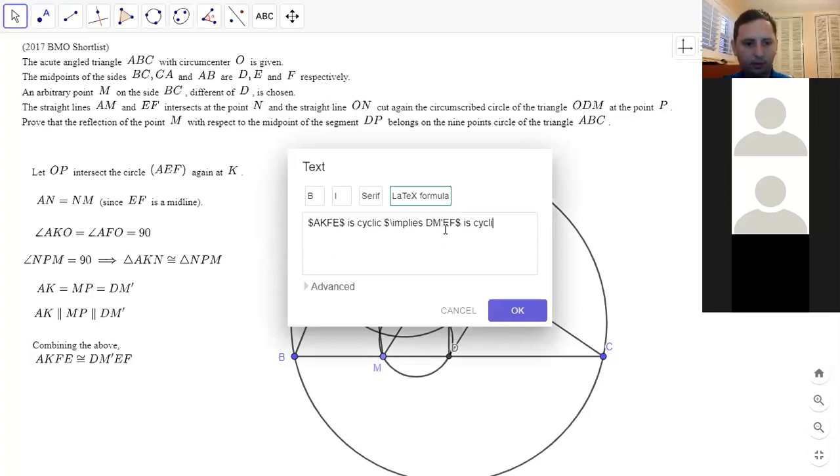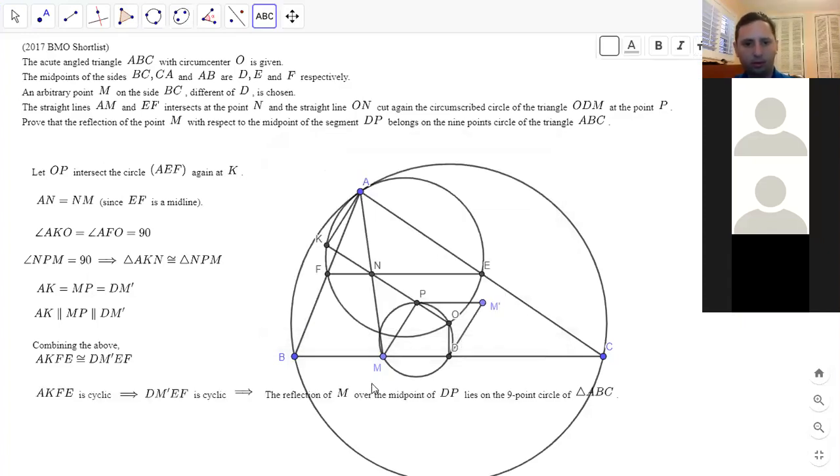And that means that the reflection of M over the midpoint of NP lies on the nine-point circle of ABC. All right. So that was a fast one.